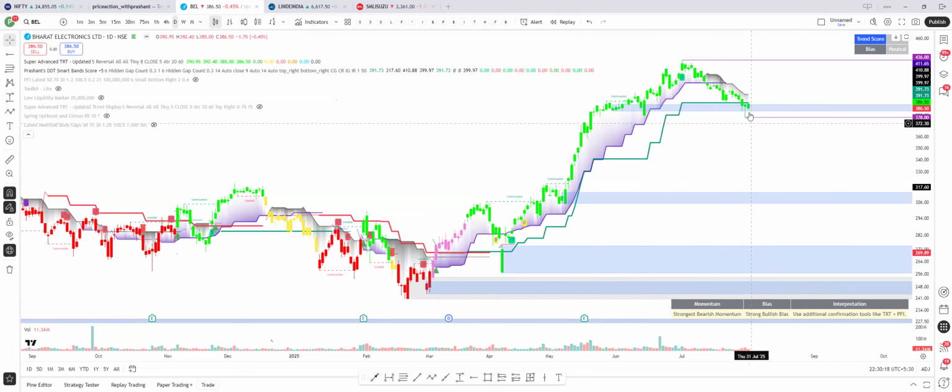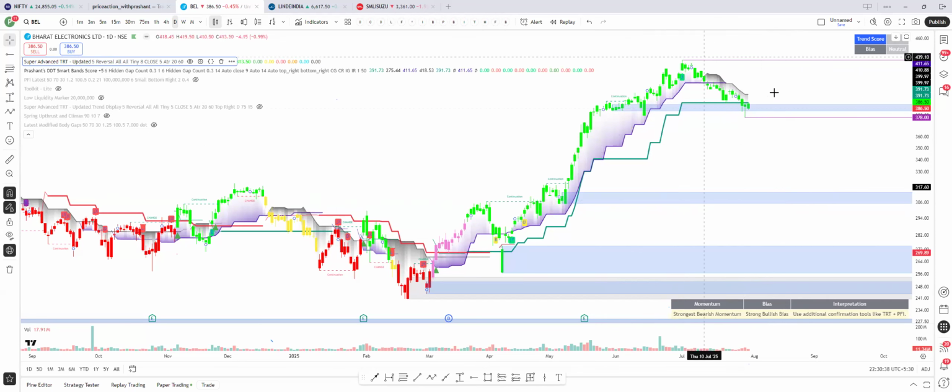Yes, sir. So if it closes below this band and changes the color to red, it's a signal to book profits, exit some position. You must exit whatever you bought here, and you should book some profits from this position as well. Okay, sir. Even if you don't exit the full position, you must book some.